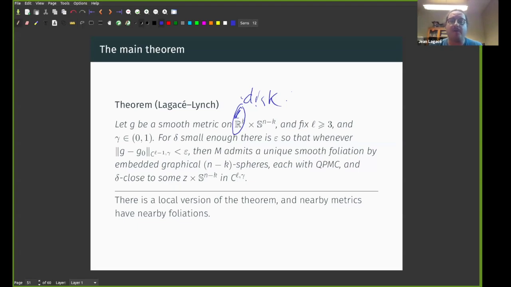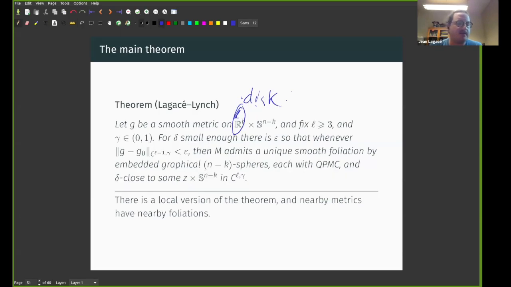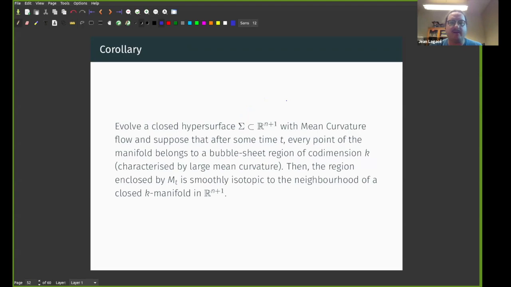And how the proof goes. Oh no! Before telling you how the proof goes, let me state a corollary. Basically, it resembles the one for Ricci flow, where if eventually I look like something that is singular everywhere, it means I'm close to a sphere, close to a point.